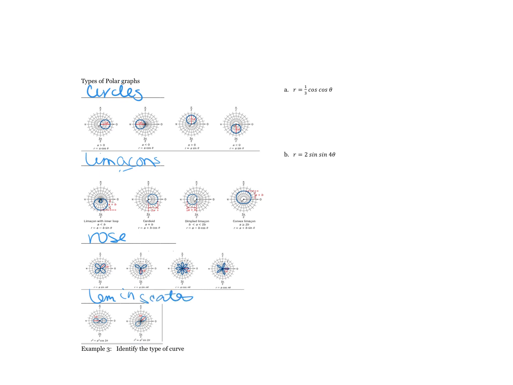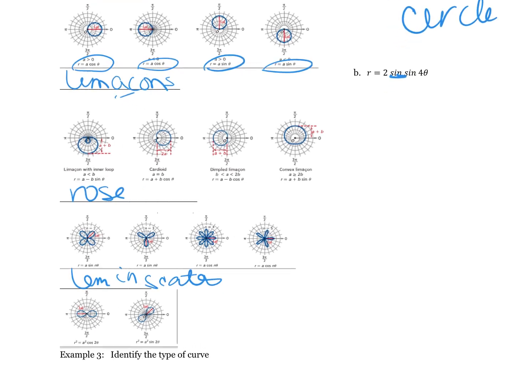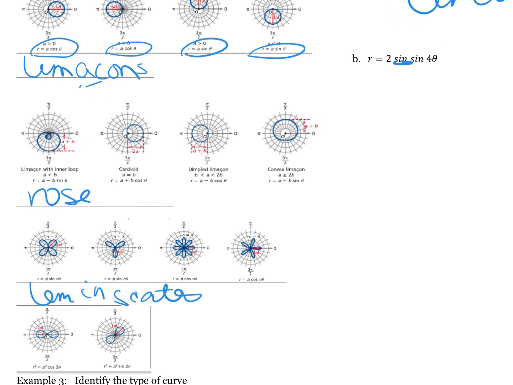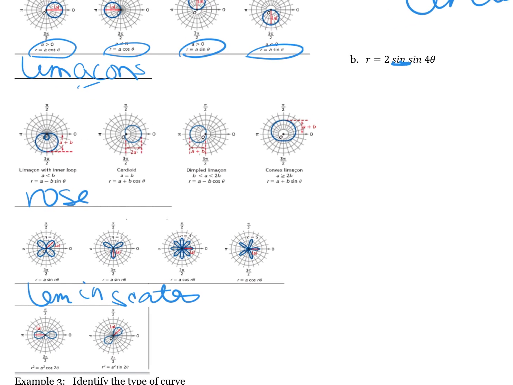Your job is to plug these in and determine what they are. For the first one, hopefully you notice that these all have r equals a value and then cosine, so this should give you a very small circle. On your flowers, which are your roses, they have the form a and then a number in front of theta.